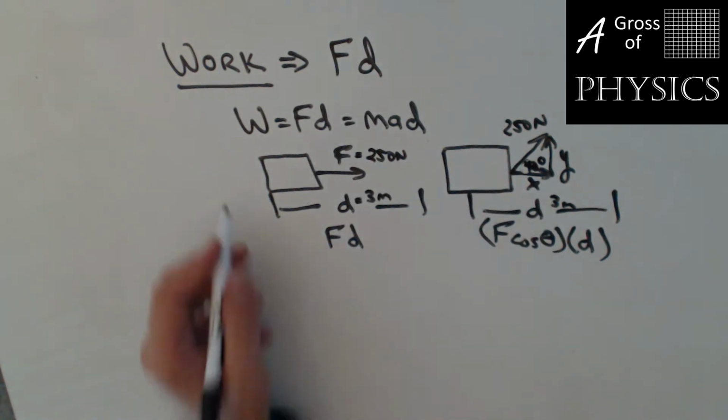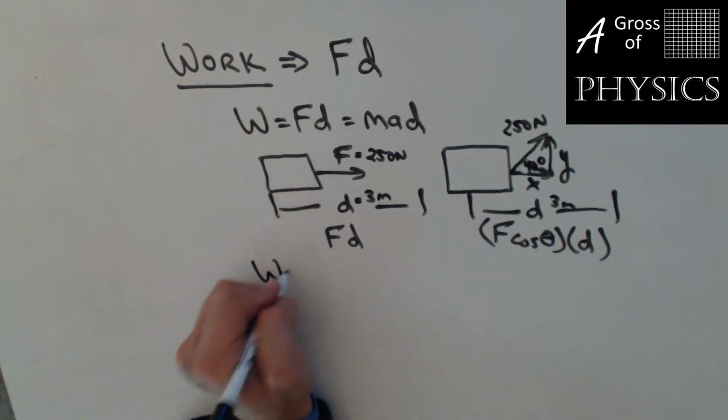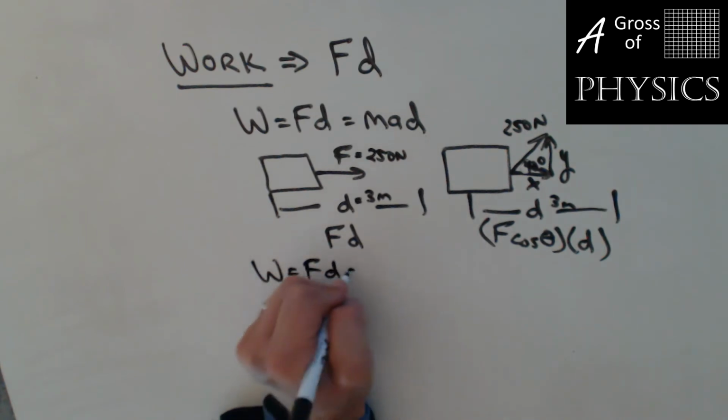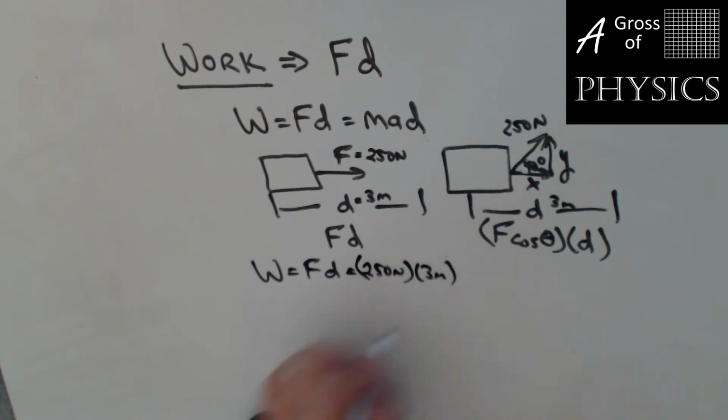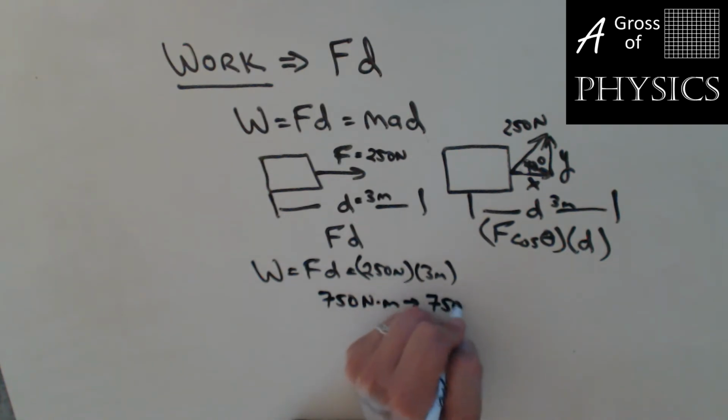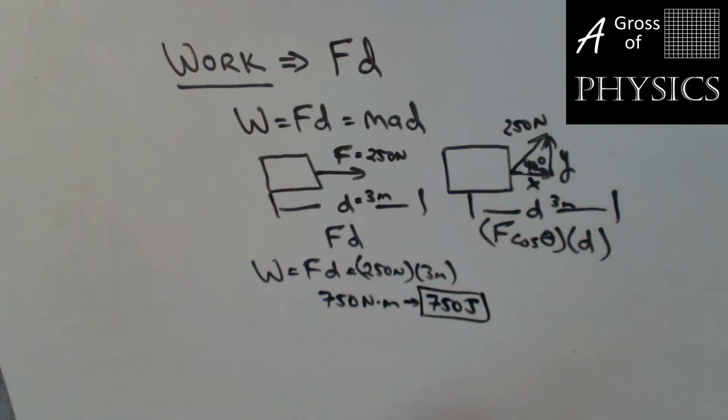Okay? Now on the left side, W equals Fd, 250 newtons, 3 meters. So that's going to be 750 newton meters, which we call the joule, capital J.